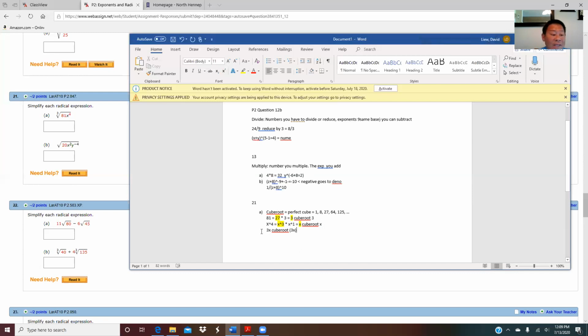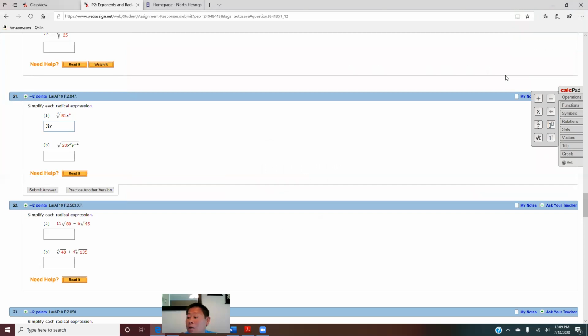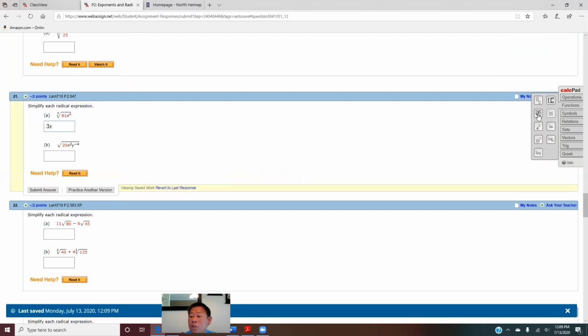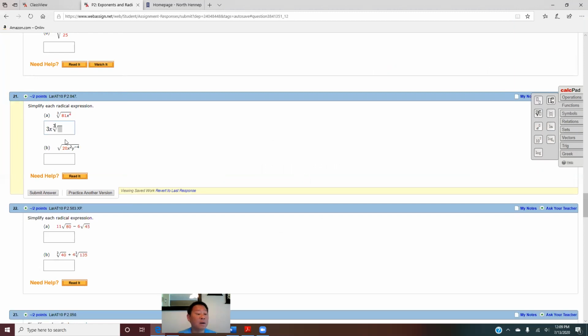So your answer in this case is 3x cube root of 3x. You do the cube root, not the square root. There is a cube root symbol here, and then you put a 3 in there, and then the 3x. So this is how we do question 21A.